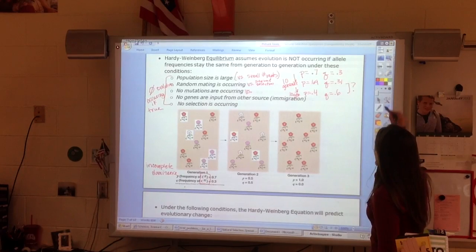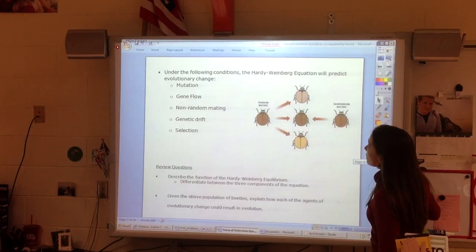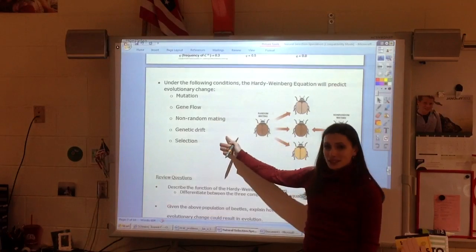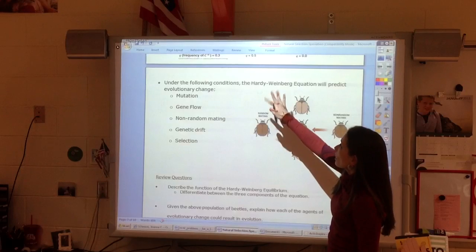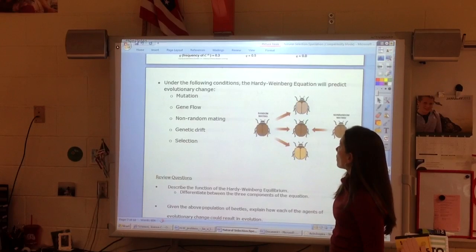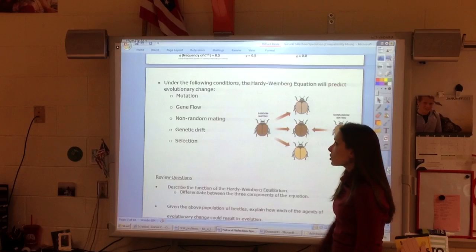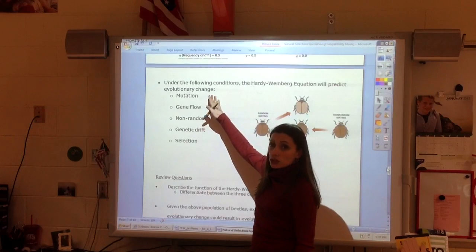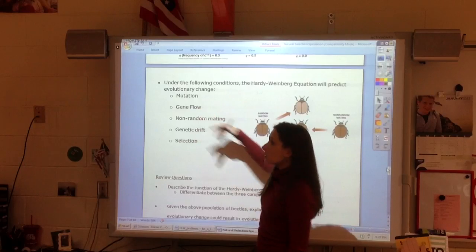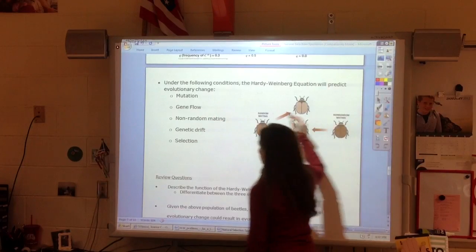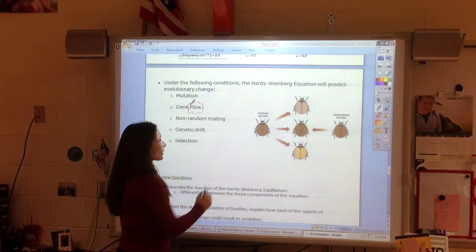When we move on and we look at the last set of notes, we see that these are kind of the opposite of what we just saw up here. What this says is that under the following conditions, the Hardy-Weinberg equation will predict evolutionary change. So if there are mutations, I'll see evolutionary change. If there is gene flow, now I want to help you out here with what gene flow means.